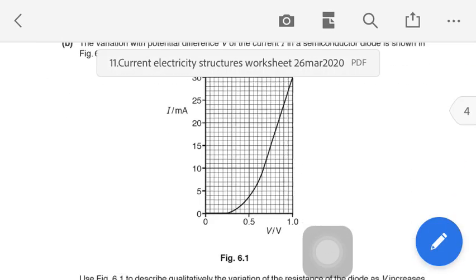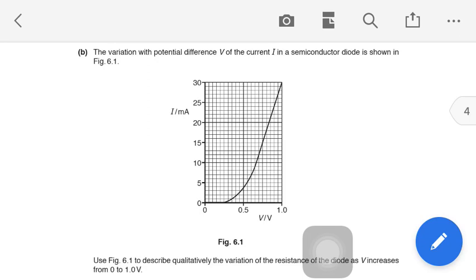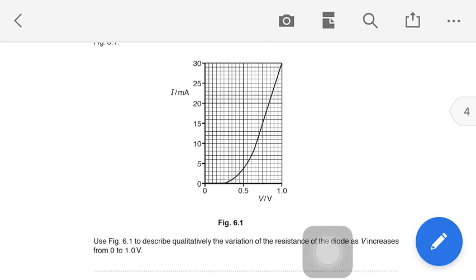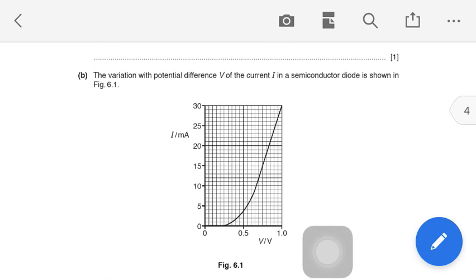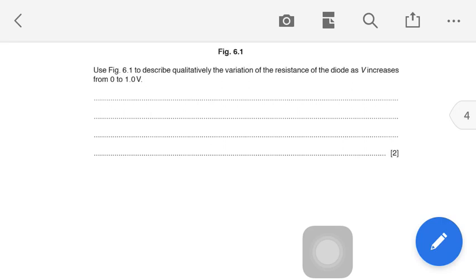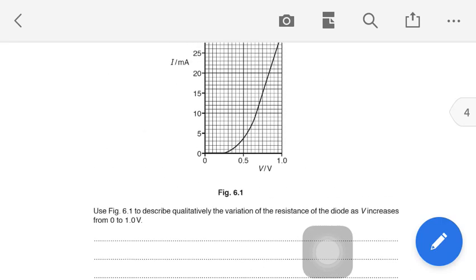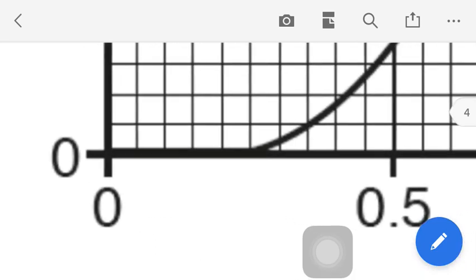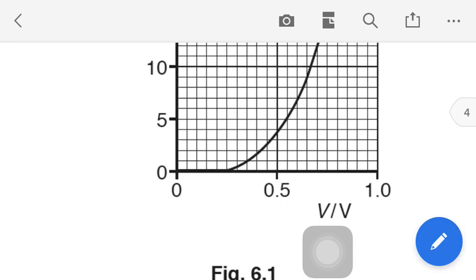Then this part is very similar to the earlier question we did, the very first question, B part. You are given an IV characteristic of a semiconductor diode, and you are asked to describe the variation qualitatively. So if you look at the graph, less than this value here, that is 0.25 volts, the resistance is infinite and the current is 0.